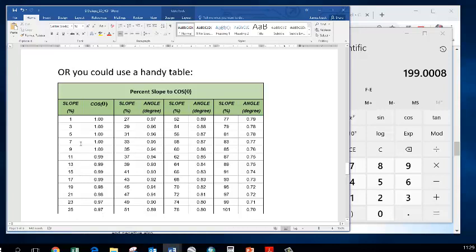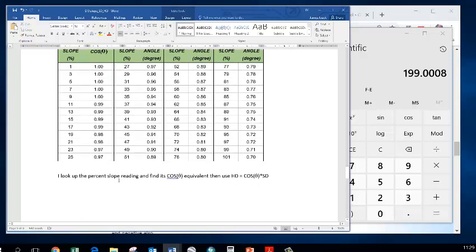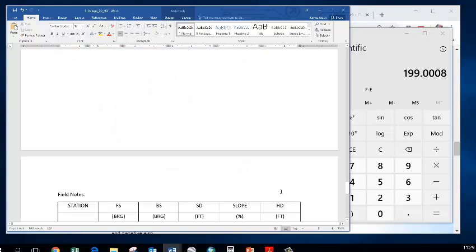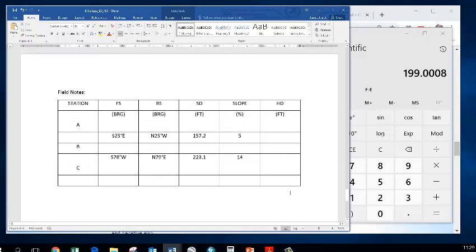And so basically, for any given percent slope, I look up the equivalent cosine theta and then just multiply that number. So let's say a 20% slope, it's between these two, it's still 0.98, right? So this is 0.98 times my slope distance, okay? So it makes things a lot simpler, all right? Let's give that a try on this.